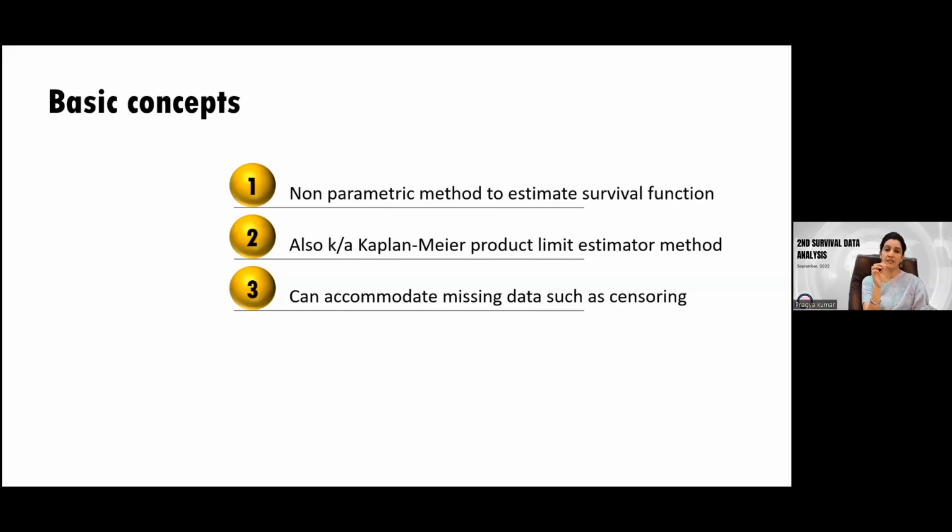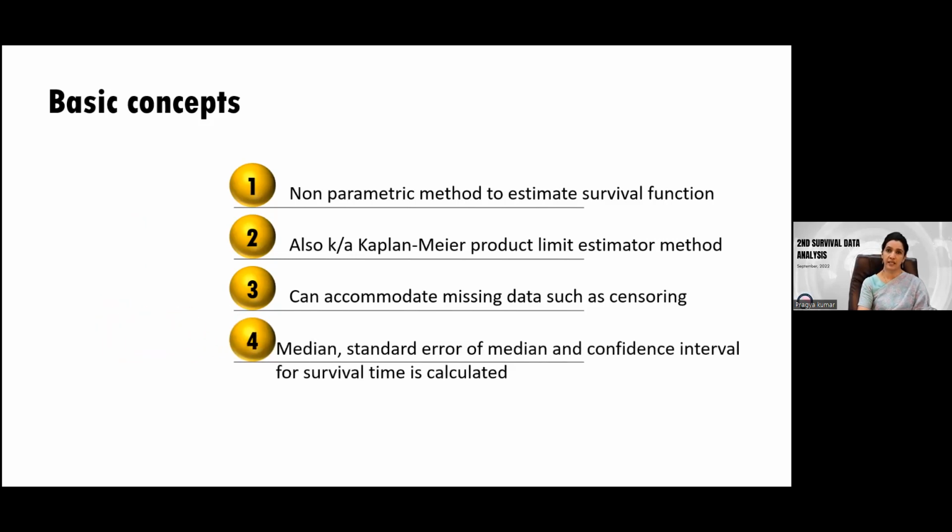But in this case, since you have the time of each and every individual and you take that as a variable, you have the instantaneous survival. That means at every time point you have a survival, and that's how you calculate the cumulative survival probability.